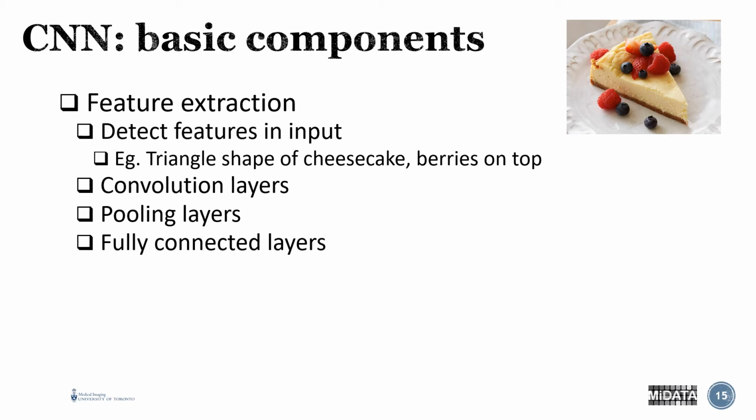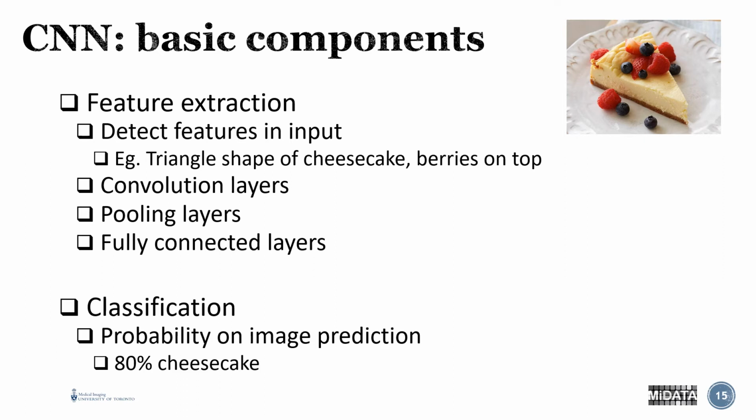This is just overall. Now, at the end, you're going to want to have classification. So your model will be able to classify, in this case, for instance, let's just make it easy, a binary output of the probability of it being cheesecake. And in this case, we can assign the probability of 80% that this image represents cheesecake.